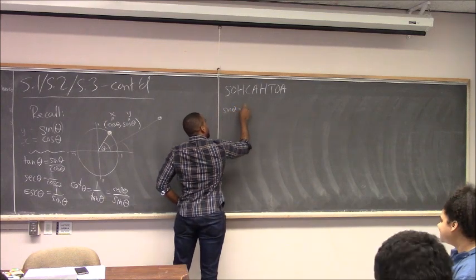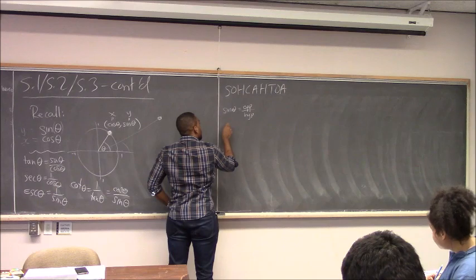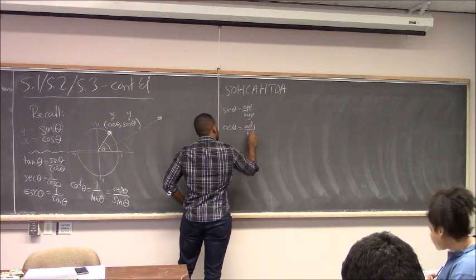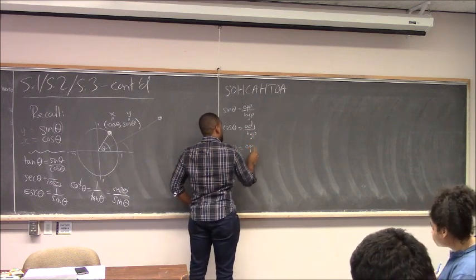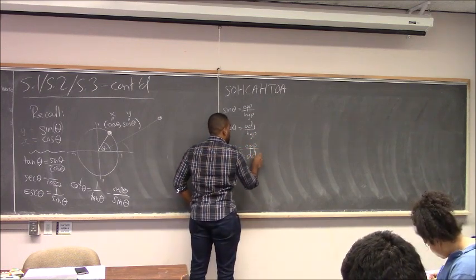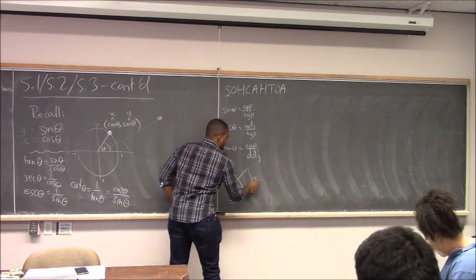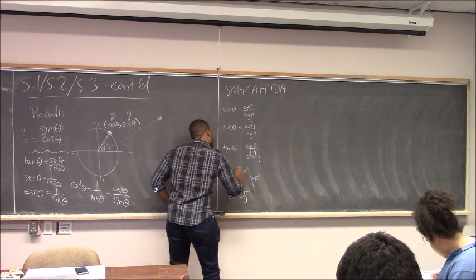But this is for sine. The sine of theta is the opposite over hypotenuse, and the cosine of theta you can think of as the adjacent over hypotenuse, and the tangent of theta is the opposite over adjacent, where these sides are defined as follows.